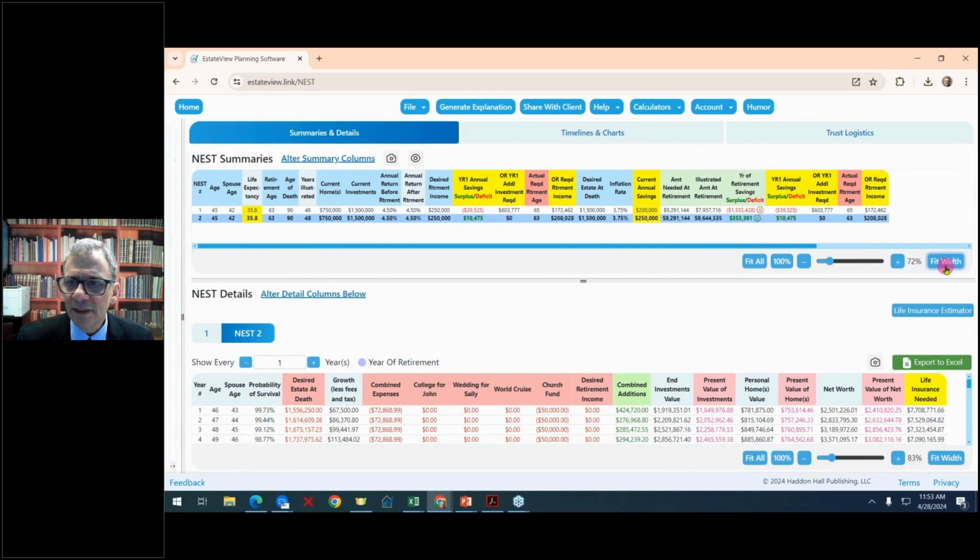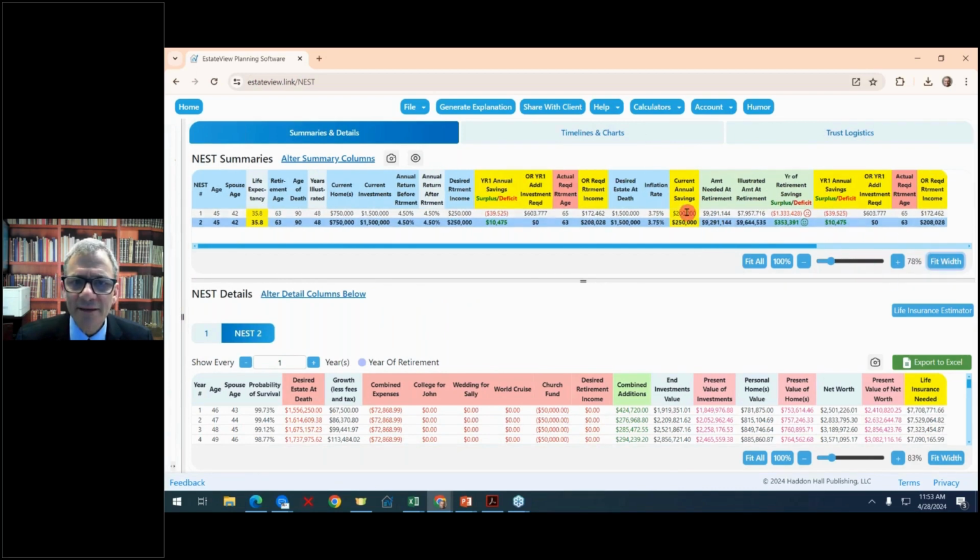And the difference from doing that, if you could save 250 versus 200, you would have a retirement surplus of 350,000 instead of a deficit of $1,333,000, and you could retire 2 years early, which would certainly be a nice thing.